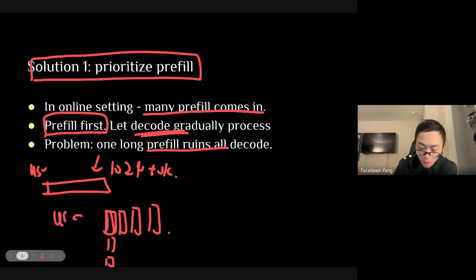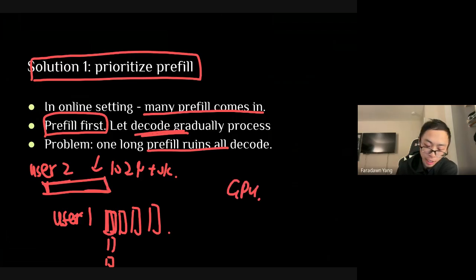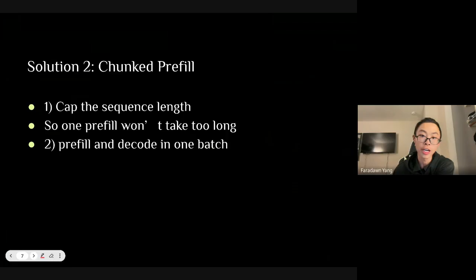So say user 1 has an ongoing session, and then comes user 2 that throws in a new chat. So user 2 will occupy your GPU, and user 1's ongoing chat will need to wait. So how to overcome that challenge?